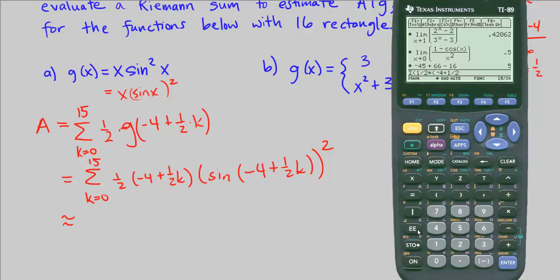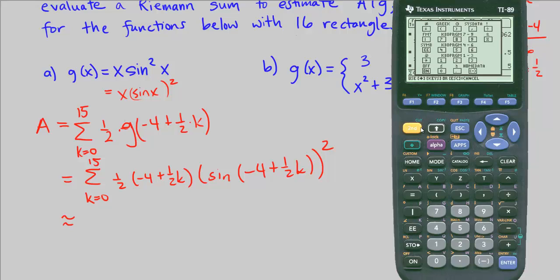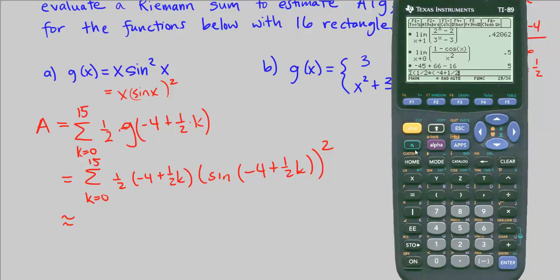Alpha and EE gives me k, times sine of, so I'm going to put second y to get sine of -4 plus 1/2 k. Close the input to the sine, close that. Now take the whole sine and square that.